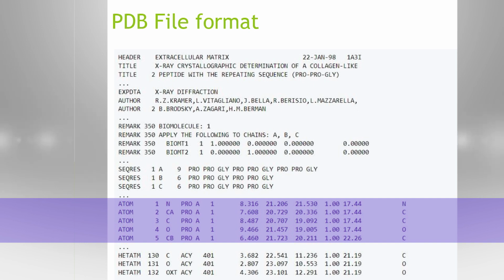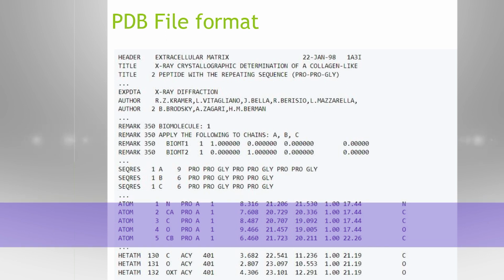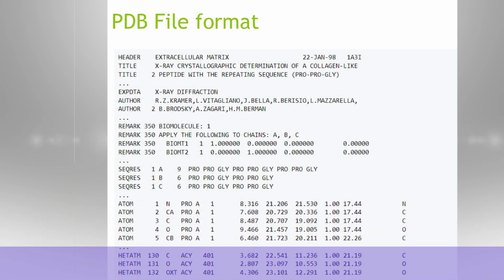The first 3 floating point numbers are its x, y and z coordinates and are in units of Angstrom. The next 3 columns are the occupancy, temperature factor and the element name respectively. Heteroatom records describe coordinates of heteroatoms, that is those atoms which are not part of the protein molecule.